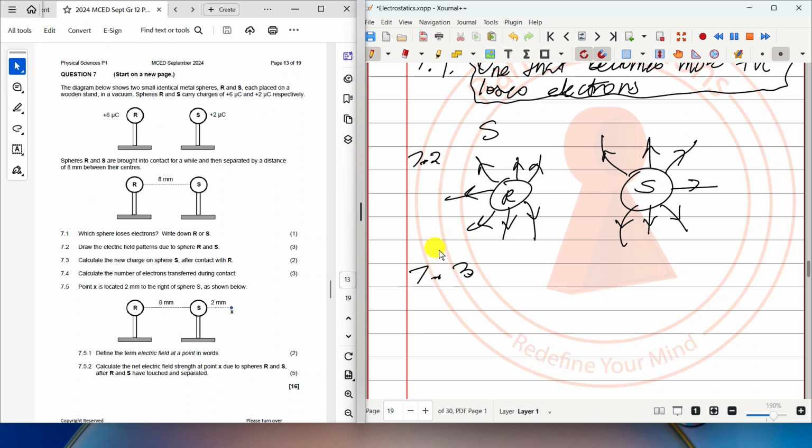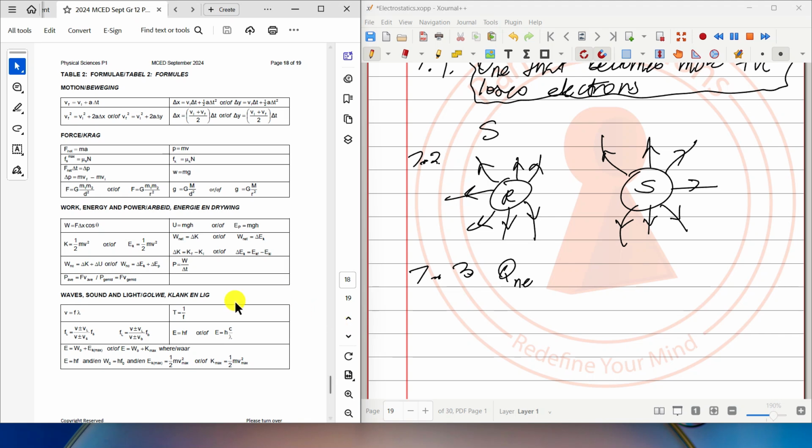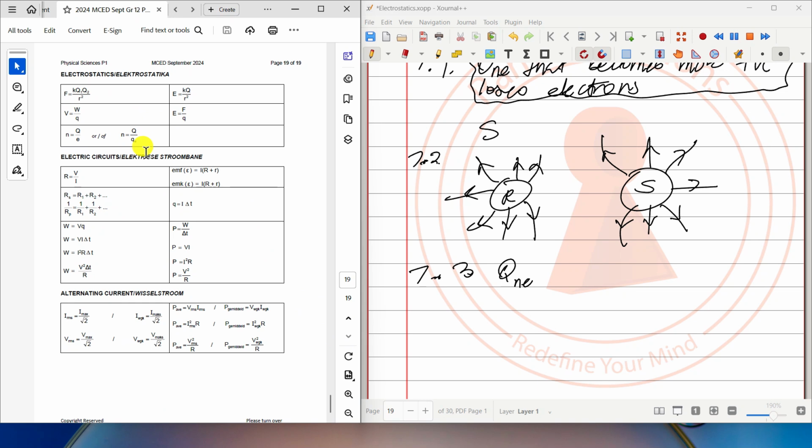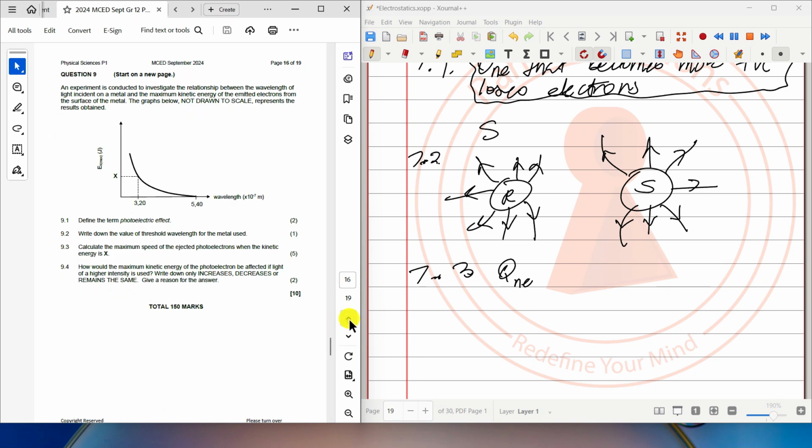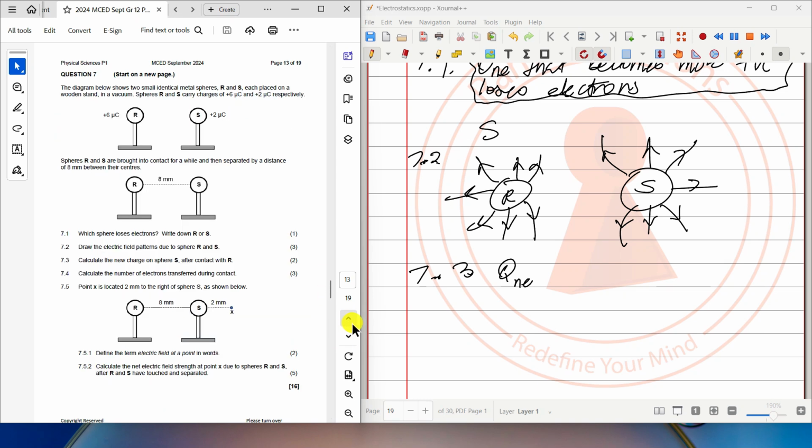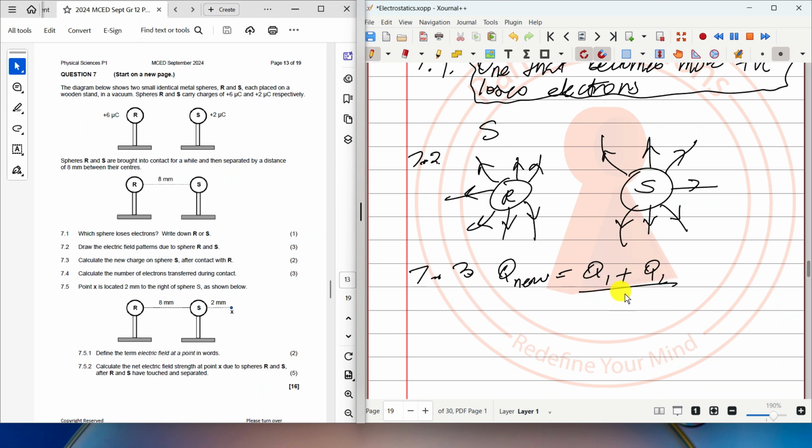7.3, calculate the new charge on sphere S after contact with R. So the new charge, this formula, I'm not sure if it's given. Let me check quickly. Electrostatics. Can you see it's not given? All right. So the new charge is equal to the old charges added together, divided by 2.